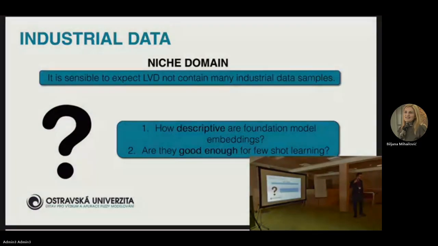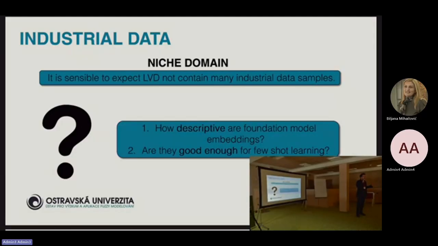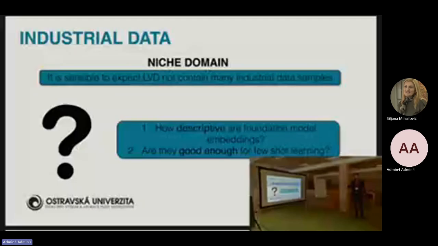And so now the question is, can we use these foundation models on industrial data using, for example, few-shot learning for a classification problem? One thought we can eventually come to is, okay, industrial data are probably quite niche, and when these big models are being pre-trained, we can ask how much of that data was related or similar to industrial data.